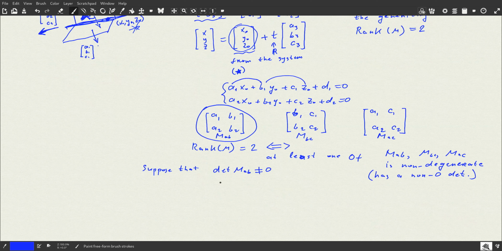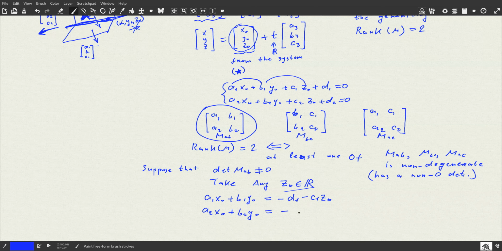Take any z0, a real number, and consider a linear system: a1 x0 plus b1 y0 equals minus d1 minus c1 z0, a2 x0 plus b2 y0 equals minus d2 minus c2 z0.